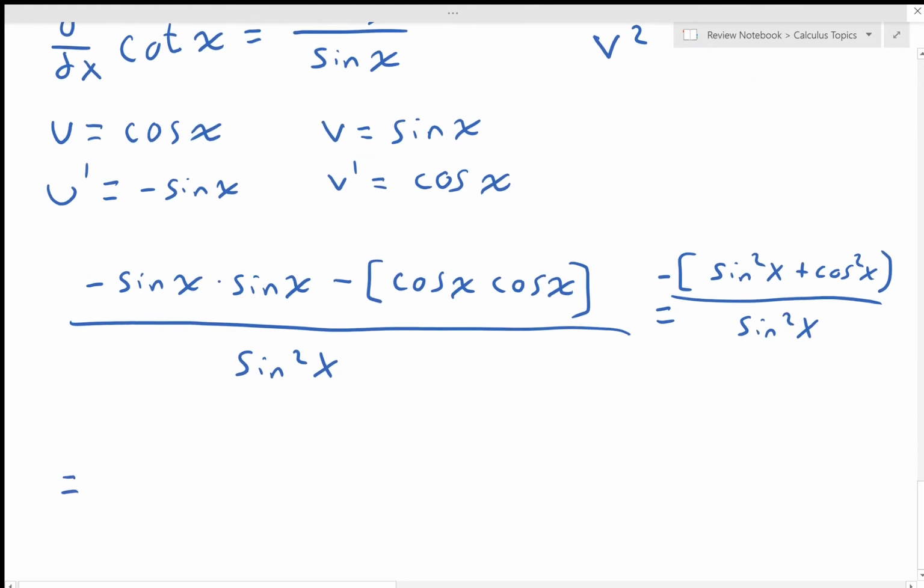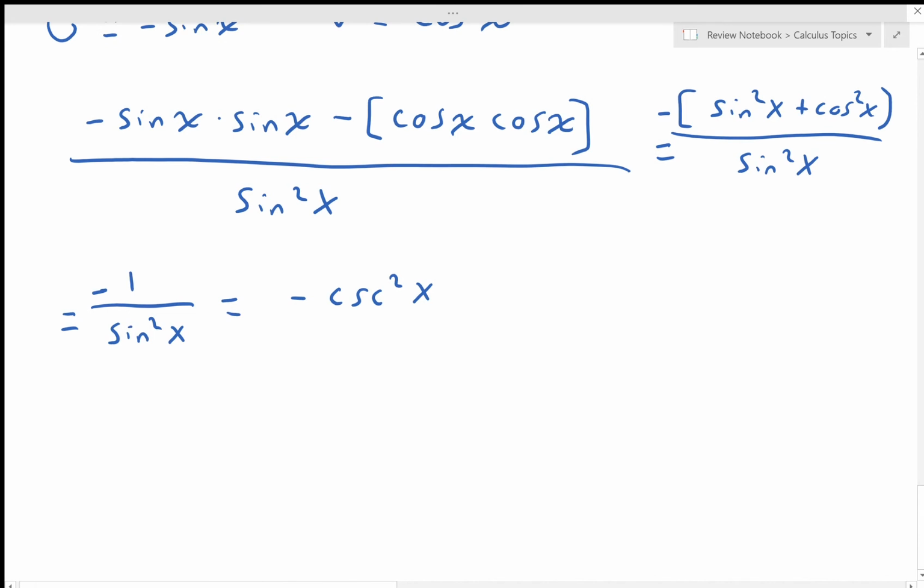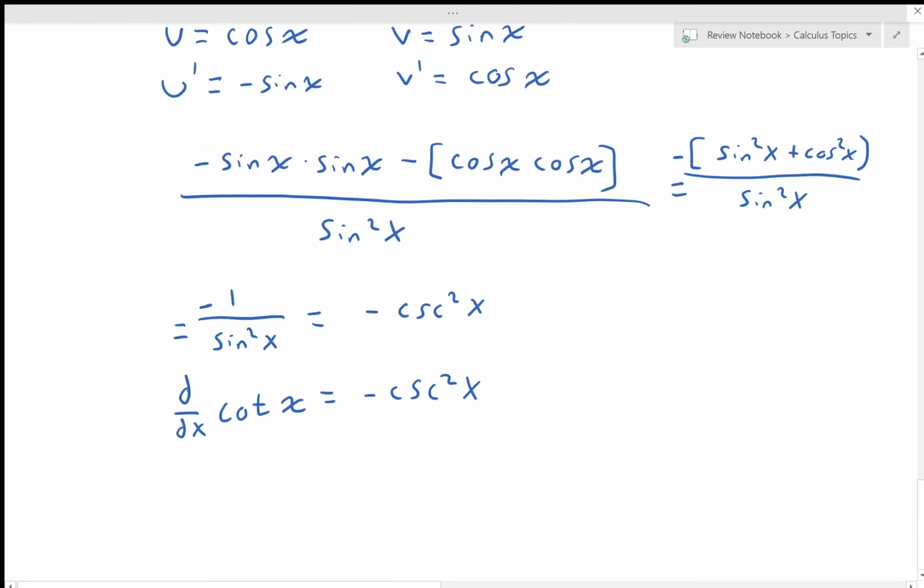We know sine squared x plus cosine squared x is 1. So I have a negative 1 in the numerator and a sine squared x in the denominator. We know the inverse of sine is cosecant. So I get negative cosecant squared x. Alright, so now we know that the derivative of cotangent x would be equal to negative cosecant squared x.